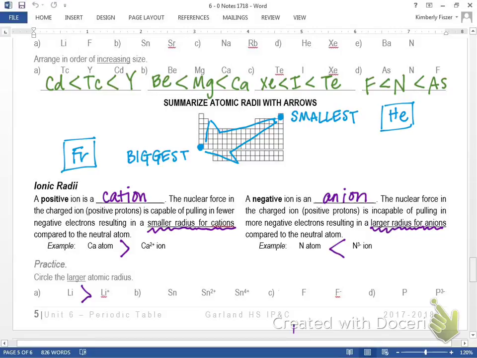All right, so let's try Ne, Ne 2 plus, Ne 4 plus. Who's got the most love? Regular Ne, Ne 2 plus, Ne 4 plus. Ne 4 plus has the most love. So if he's got the most love and he's going to squeeze them in so tight, who's going to be the smallest? Because he loves and squeezes them so tight.